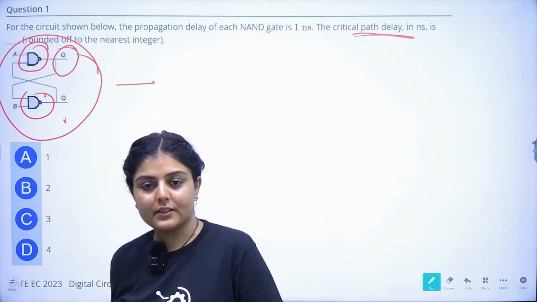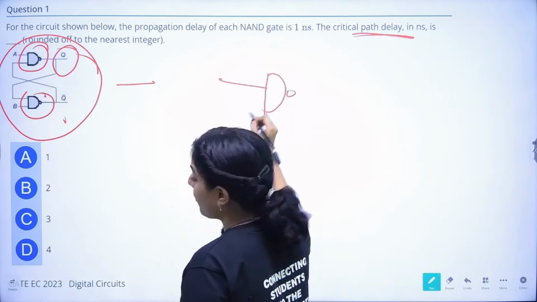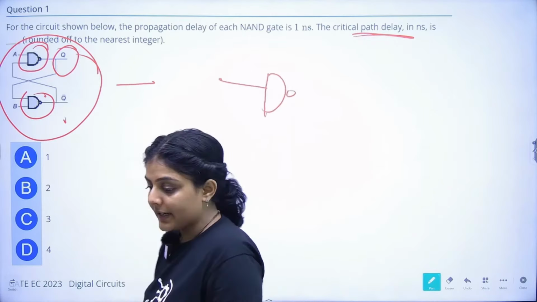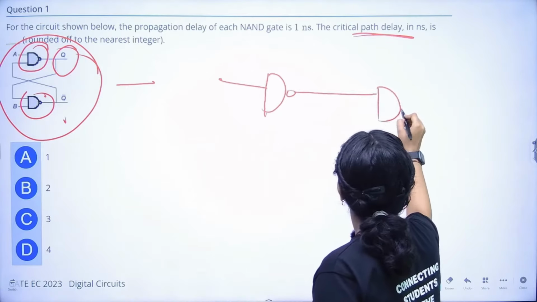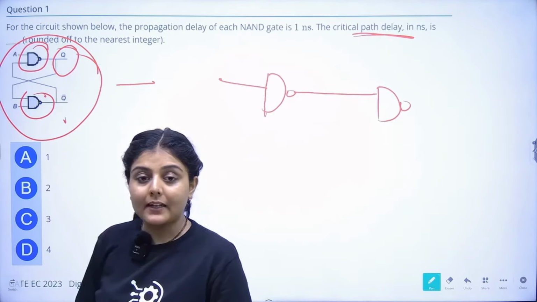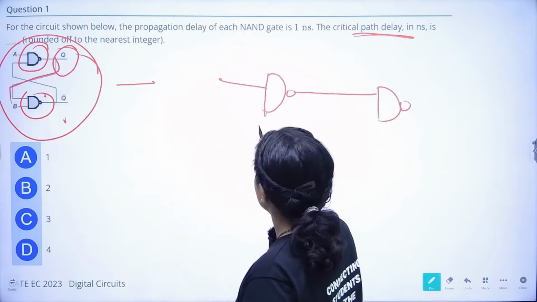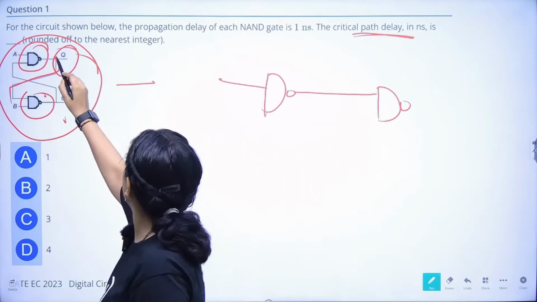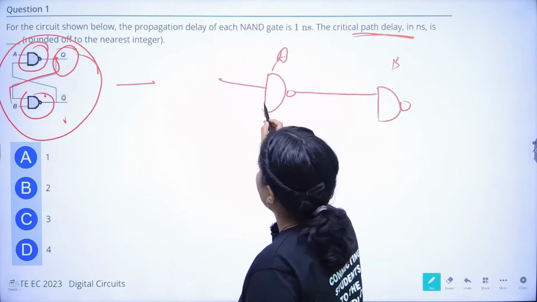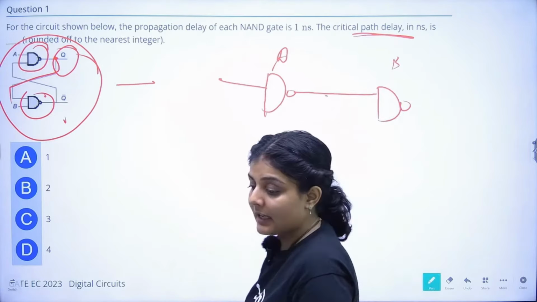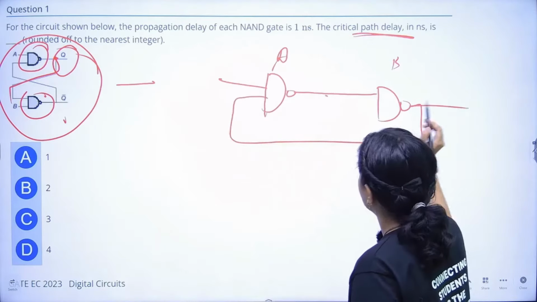Let's just redraw this network first. So how can we redraw this? This is gate number 1, A, right? The output is given to the input of B, right? And this is another connection, another input of B. So the output of A is given to this, right?